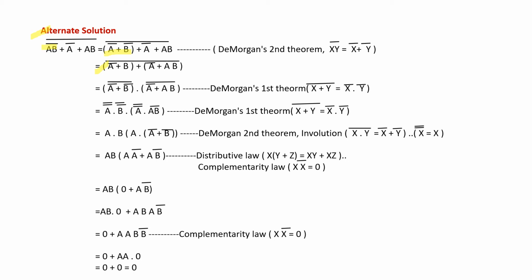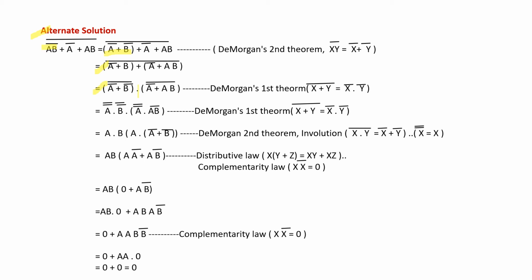On this, we apply De Morgan's first theorem, which states that (x OR y) complement is x complement AND y complement, and that is reflected here. We can see that these two expressions are separated, just like in De Morgan's first theorem, with an AND symbol in the middle.